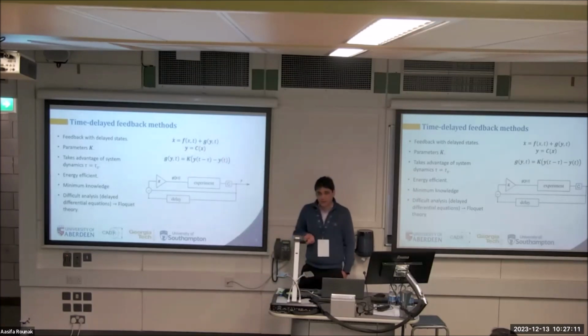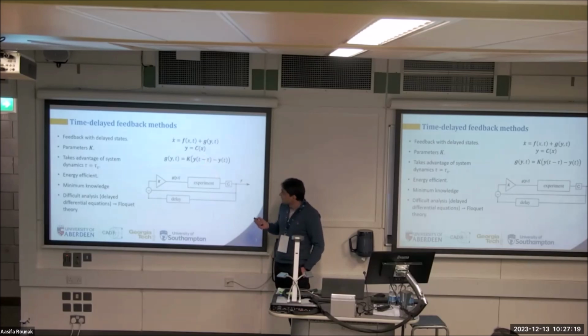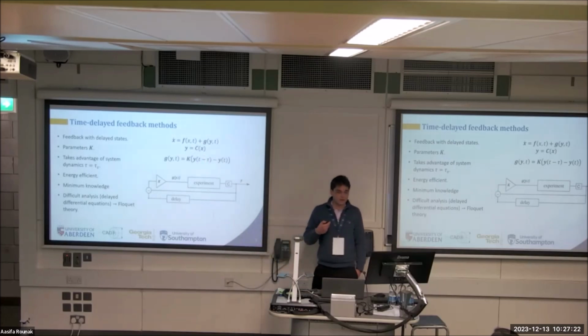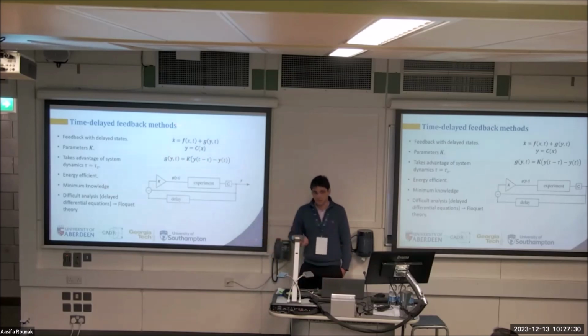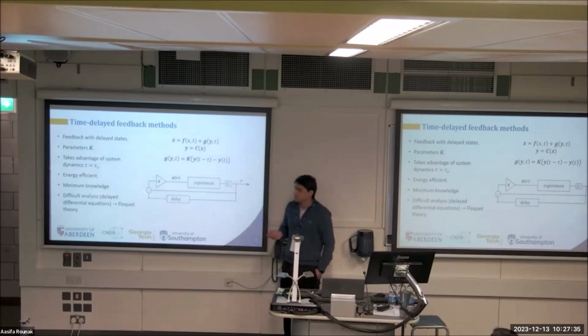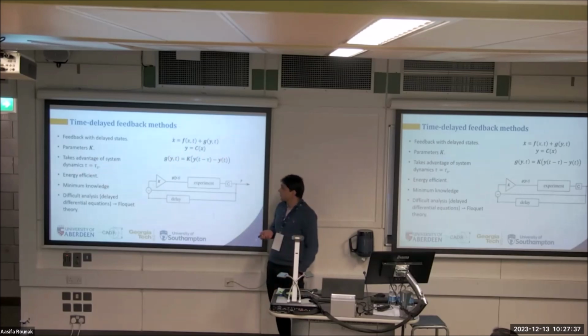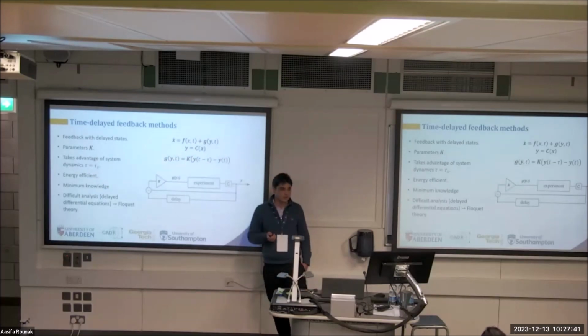And the idea of time delay feedback control is basically feeding back our system with a delayed observation. And this delay, tau, is usually the period of the orbit that we are trying to stabilize. So this control method, because it takes advantage of the dynamics of the system, is energy efficient. It also requires very minimal knowledge to be implemented, although we need to set this gain scale.